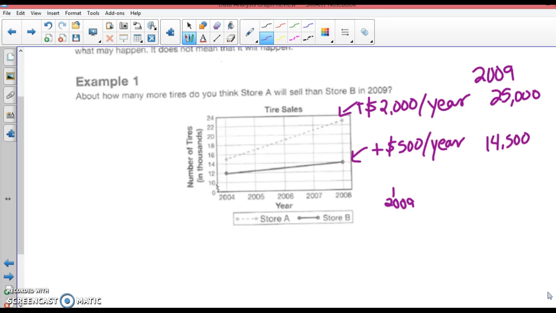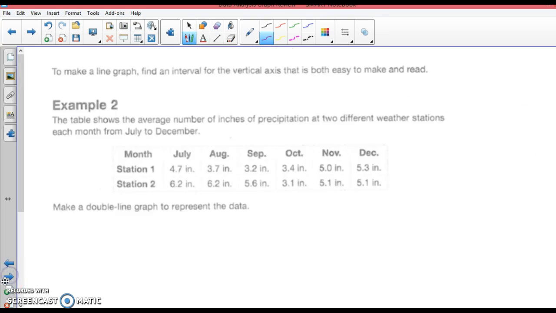I subtract. And when I subtract, I'm going to get 10,500 more. Now, is that going to be exact? No, but it's a pretty good estimate. All right. I'm going to skip this one for now.